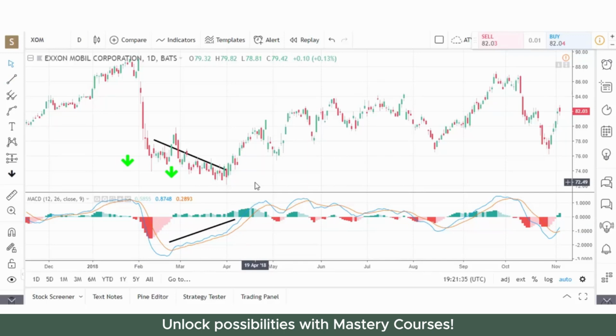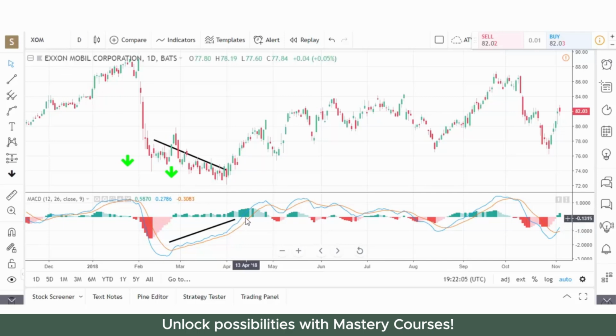So this is a bullish divergence in the MACD. We have the price of the stock dropping, the price of ExxonMobil dropping, and the MACD rising. So this should tell us if we're short the stock to tighten our stops and possibly look for an exit of our short and prepare to go long.